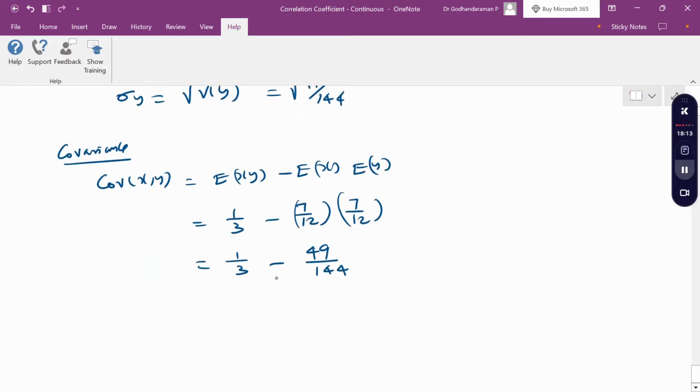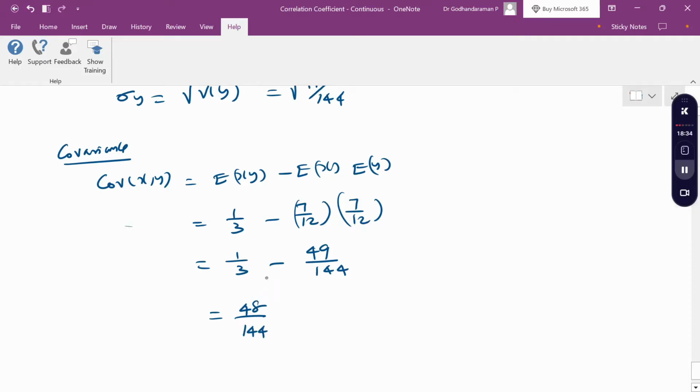Taking LCM 144, when I multiply 48 in numerator and denominator, it is converted into 144.